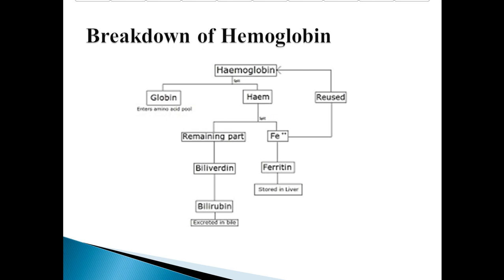So the globin part, that is the protein part, enters the amino acid pool or the protein reserves, while the heme is divided into iron, and the remaining part is converted into biliverdin and then bilirubin, which is excreted in bile, while iron is stored in the liver in ferritin form, which can be reused in hemoglobin synthesis. So this is all about the breakdown or degradation of hemoglobin.